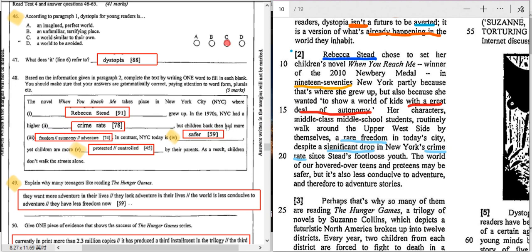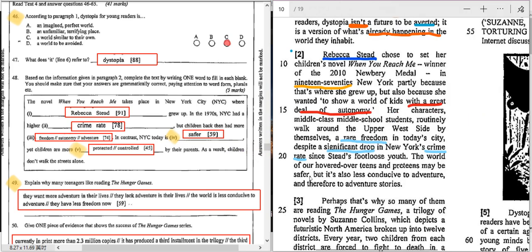But the children back then in the 1970s, they had more freedom, autonomy. So you see the red. In contrast, today, the blue, they are enjoying much less freedom, and it's much safer now, and because of the lower crime rate, that's why NYC today is safer.